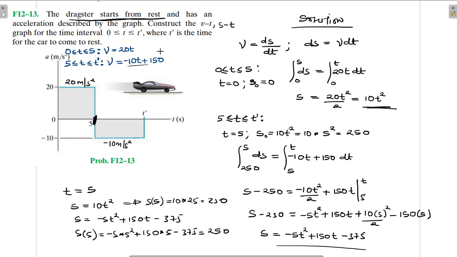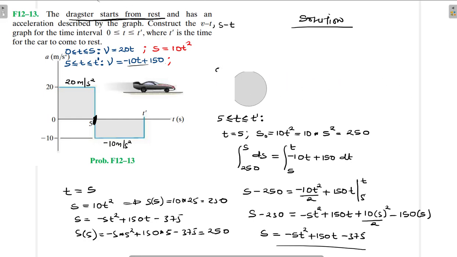So let's indicate these equations here. S in this case is going to be 10t squared in this interval 0 to 5, and then S is equal to minus 5t squared plus 150t minus 375.